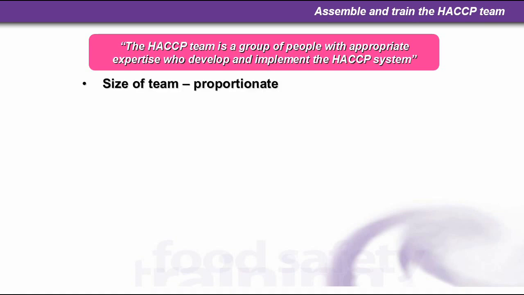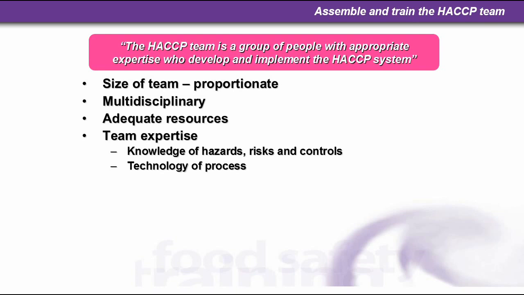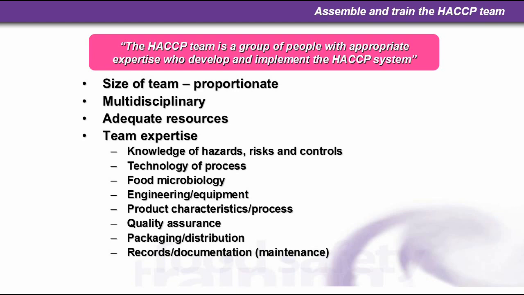The size of the team must be proportionate, multidisciplinary, have adequate resources, team expertise, knowledge of hazards, risks and controls, technology of process, food microbiology, engineering and equipment, product characteristics and the process, quality assurance, packaging and distribution, records and documentation and maintenance of those records and documentation, and team responsibilities.